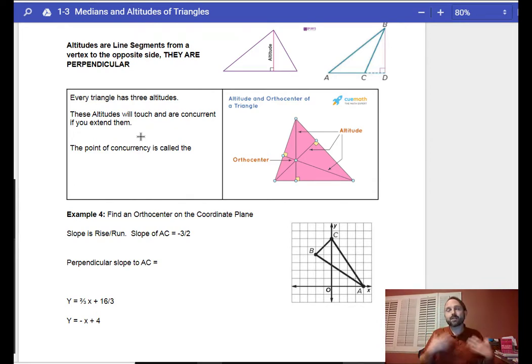This point of concurrency is called the orthocenter. So what does this mean? Well, this orthocenter is just where all the perpendicular lines from the side to the vertex will meet.